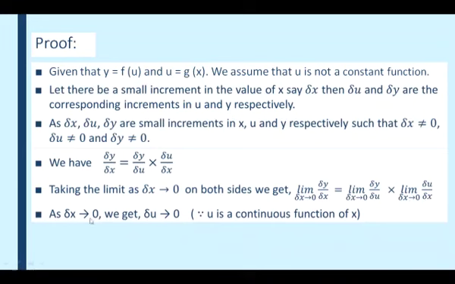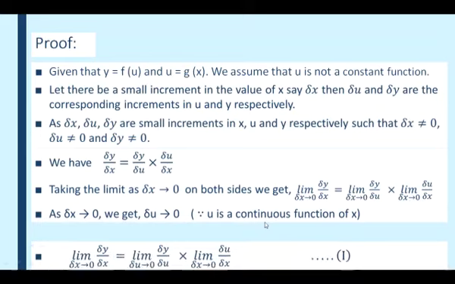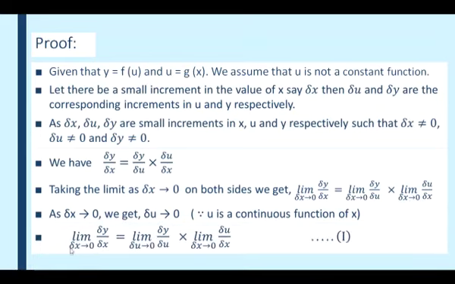As delta x tends to 0, we get delta u tends to 0. Why? Since u is a continuous function of x. So we can write limit delta x tends to 0 of delta y upon delta x equal to limit delta u tends to 0 of delta y upon delta u into limit delta x tends to 0 of delta u upon delta x. We'll give this equation as 1.